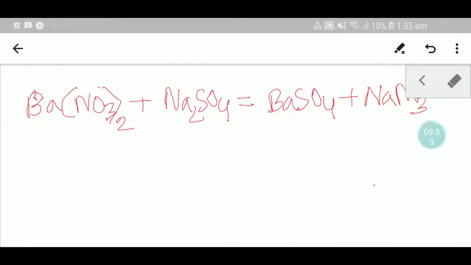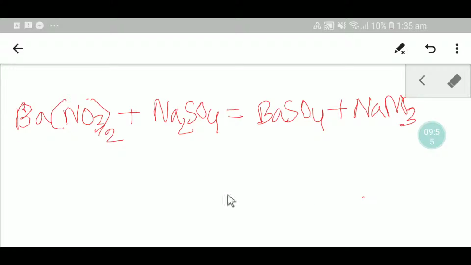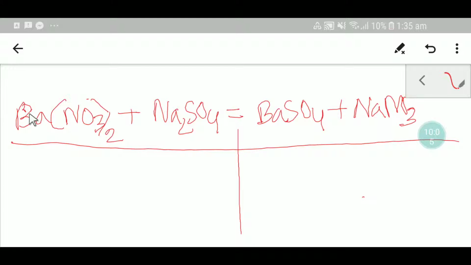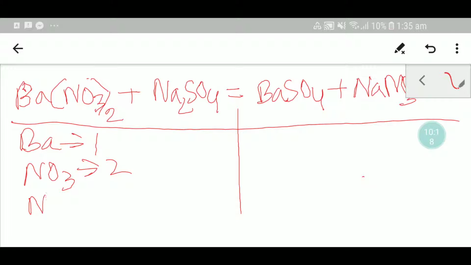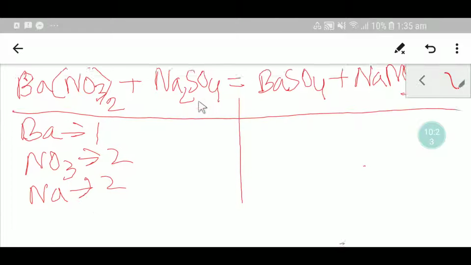So to balance this reaction, what will I do? At first I will draw a table like this. Then I will count the number of atoms. Here we have 1 barium, here we have 2 nitrate, and here we have 2 sodium, and here we have 1 sulfate.